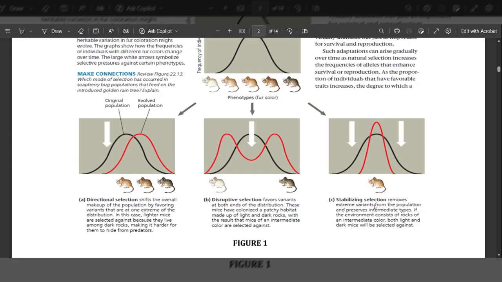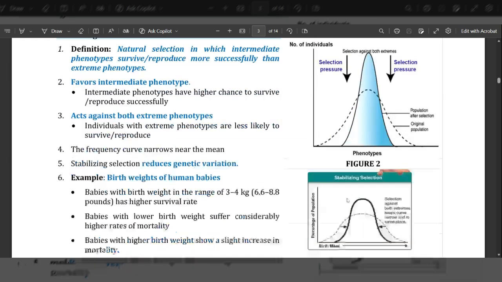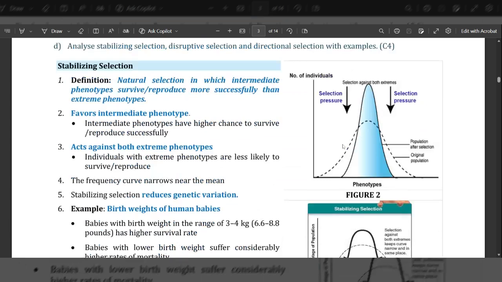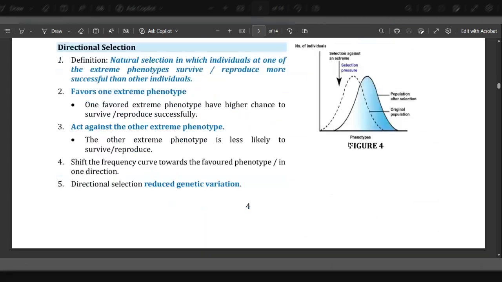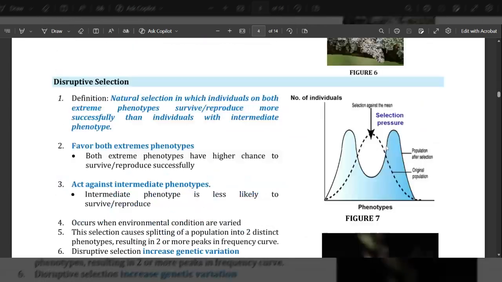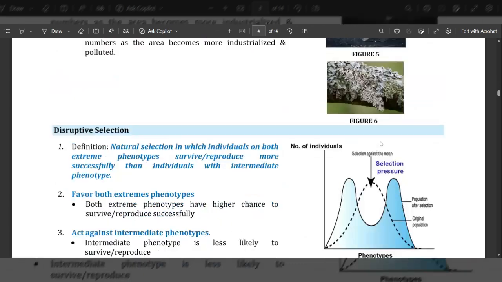Okay, so if you go further into the graphs, this is what the graph of stabilizing selection looks like, this is the graph of directional selection, and this is the graph of disruptive selection. Each one of these represents the changes that occur to the frequency of the phenotype after the selection is done.